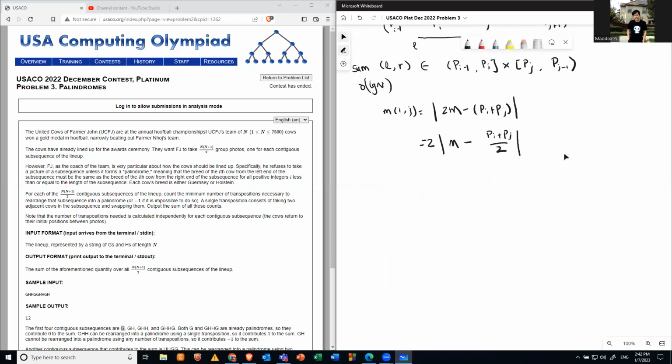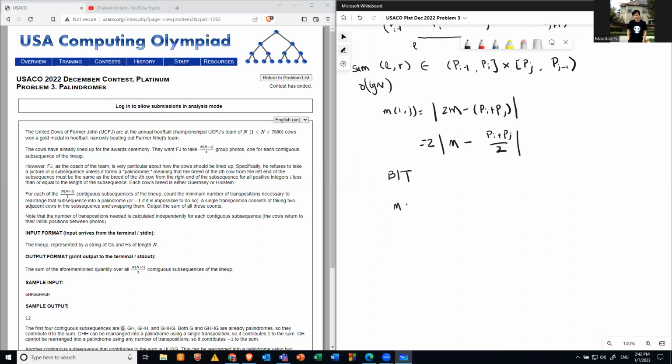Remember, we talked about this in the BIT discussion before, right? Simple segment tree, for those kind of binary stuff. Think about it.